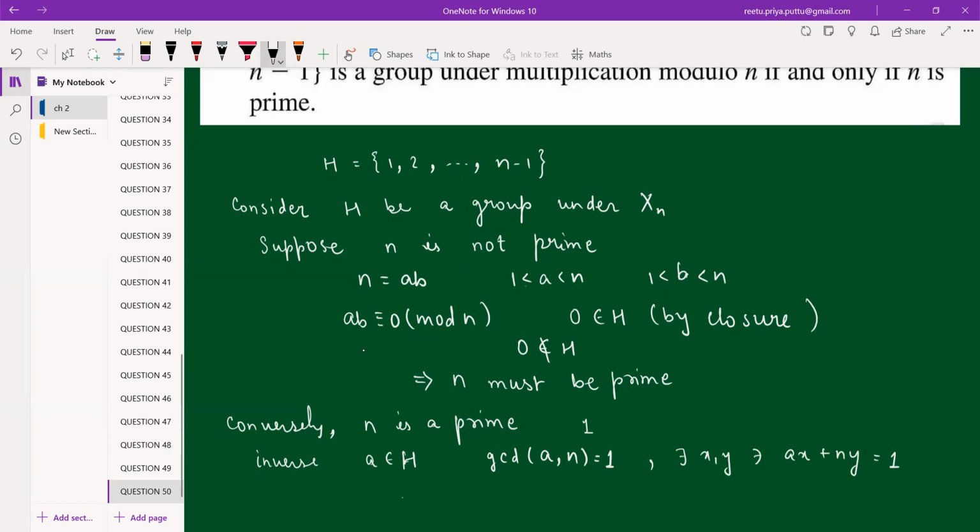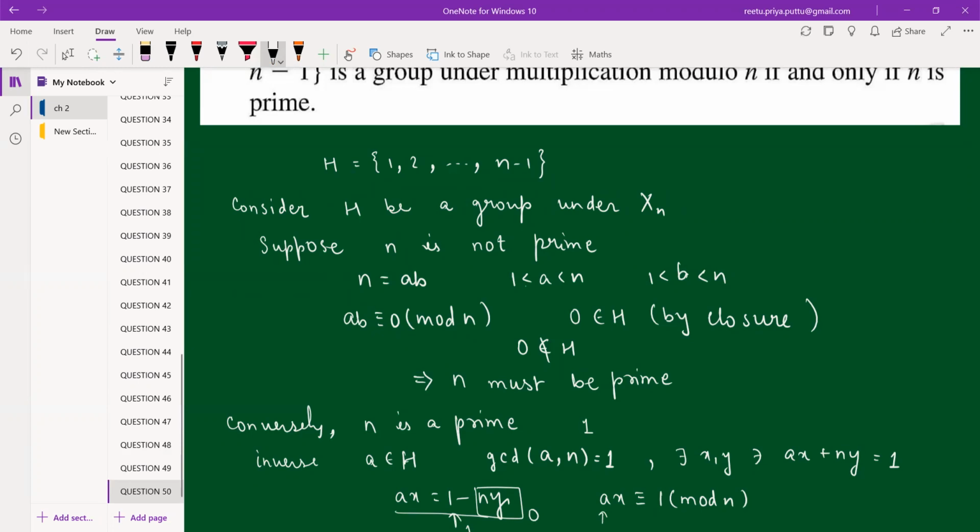Then what you can say is AX is equal to 1 minus NY. Now, what you can write from here is AX is congruent to 1 mod N. Why? Because this will yield 0 as remainder and this will give 1 as remainder.